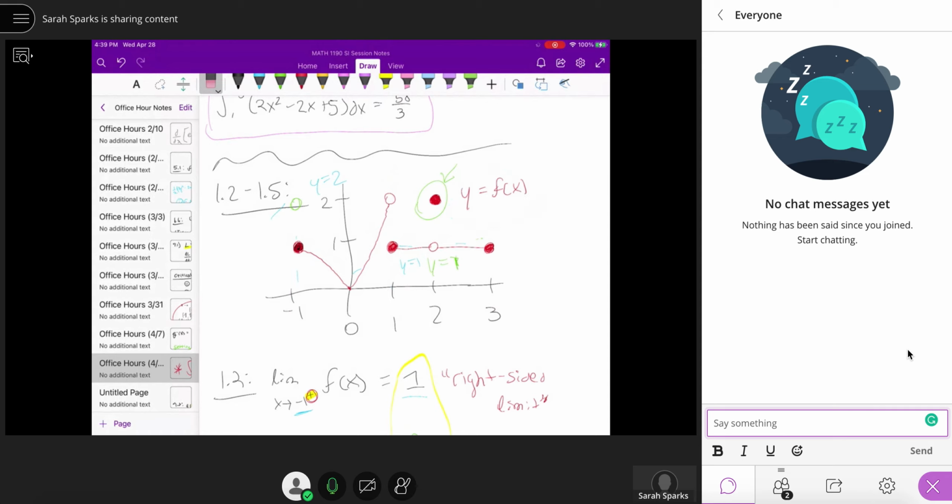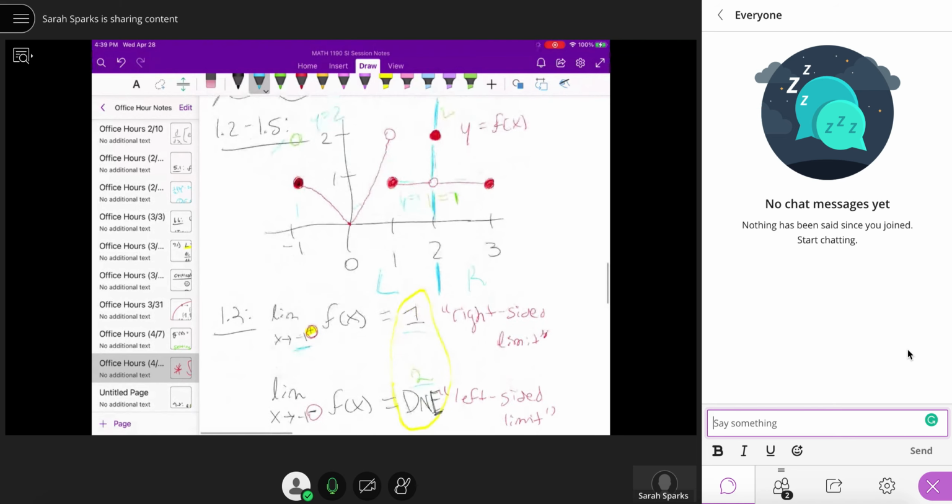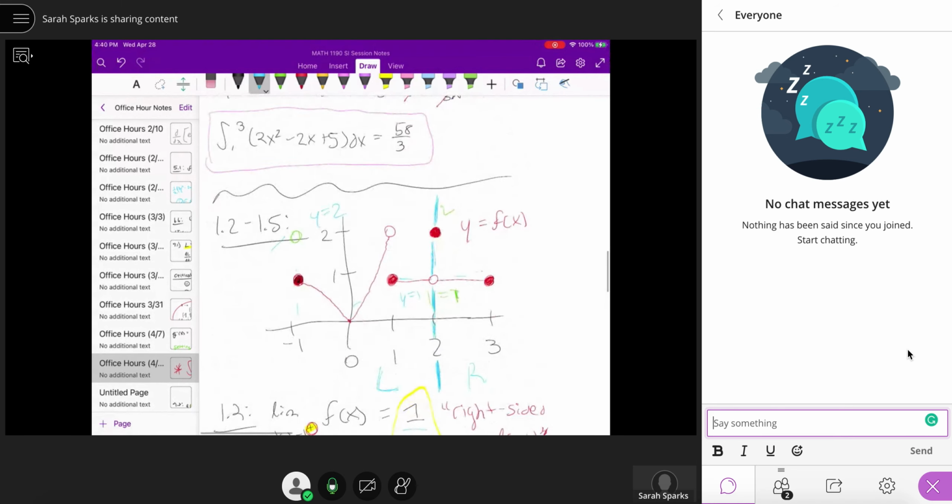So at x equals 2, we have this asymptote right here. This is our right side and this is our left side. Our right side doesn't matter, we're only looking at our left side. So we're just going to follow along with our finger until we get to that 2 point.